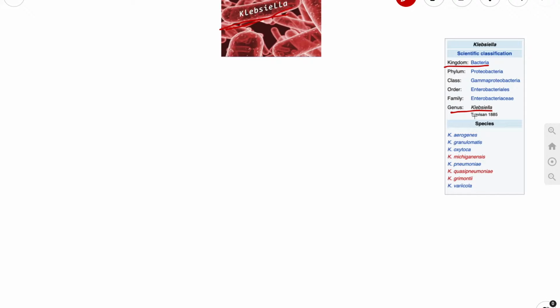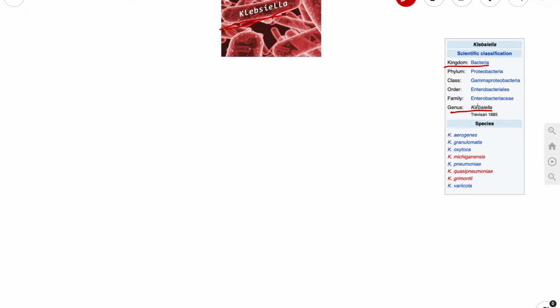Remember, Klebsiella is a genus, and it falls into the family Enterobacteriaceae, which means these bacteria are found in your GIT, mostly in your mouth, nose and intestine.